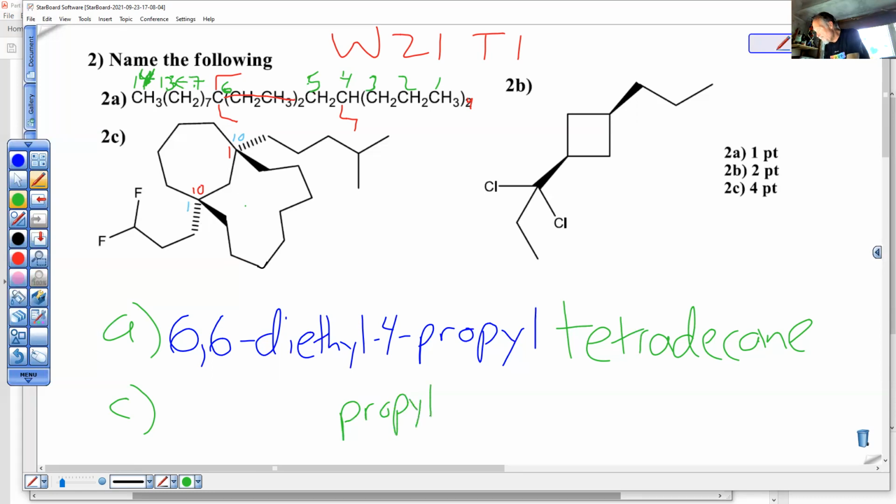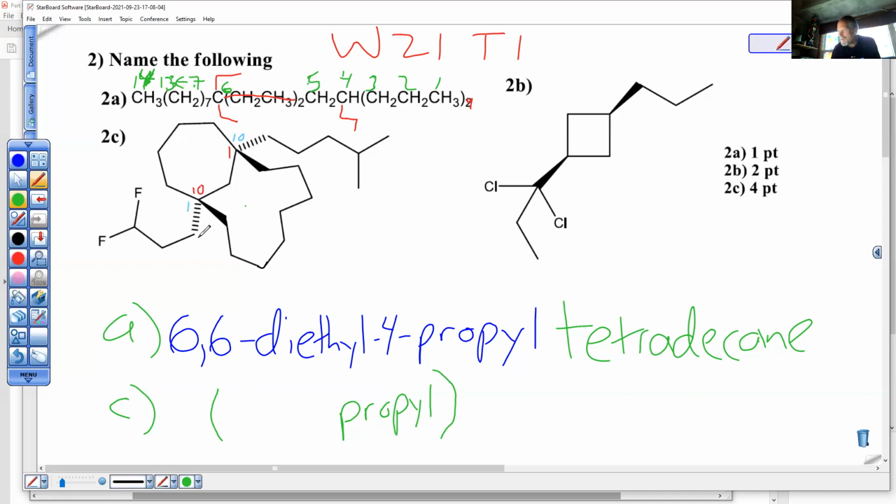And because it's a group with groups, I need numbers for the fluorines. And what carbon number of the group are the fluorines attached to? Remember, carbon 1 in the group is the one attached to the chain.